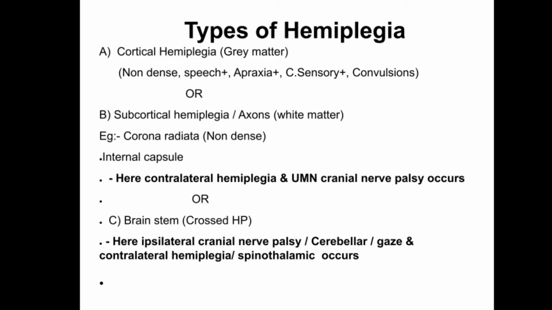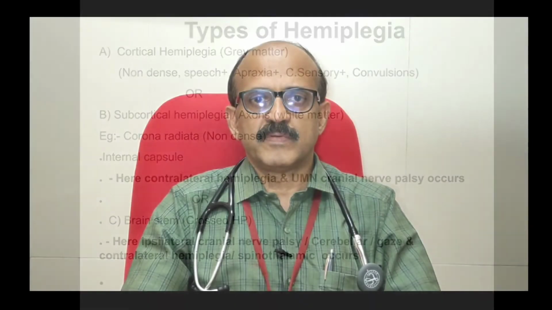Then brainstem stroke or hemiplegia is usually crossed, that means ipsilateral cranial nerve involvement and contralateral weakness. Ipsilateral means the cranial nerve will be on the same side of the brainstem that is affected, whereas weakness will be on the opposite side. Classically is Weber syndrome, where ipsilateral third cranial nerve is involved with the contralateral hemiplegia.